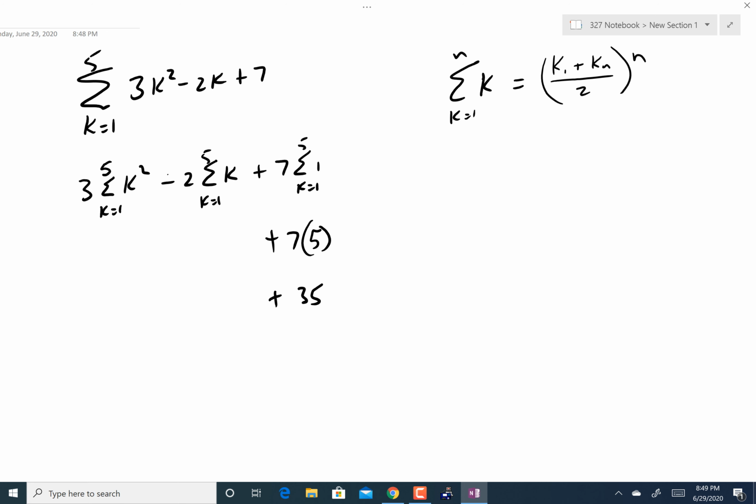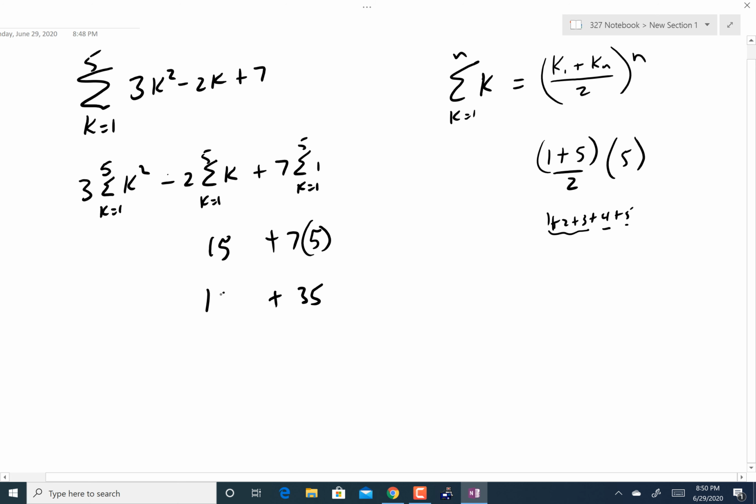Okay, so in this case it's going to be 1 plus 5 divided by 2 times 5. This is 6 divided by 2 is 3. 3 times 5 is 15. Does that make sense? 1 plus 2 plus 3 plus 4 plus 5. This is 6 plus 4 is 10 plus 5 is 15. Excellent. Oops. That's 15 inside times negative 2. It's negative 30.